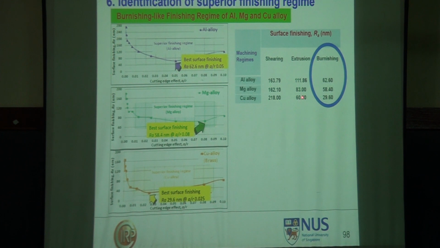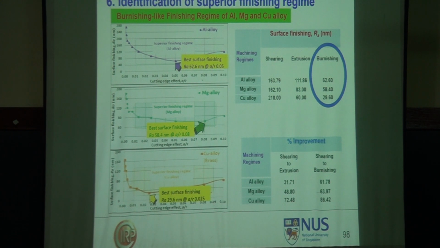But by extrusion, we have an improvement for all these three alloys: aluminum 111, magnesium 83 and copper 60. But if you go for the varnishing zone, the new zone, you have a significant improvement of surface finish, aluminum 62, magnesium 58 and copper alloy. And you see the drastic improvement in surface finish.